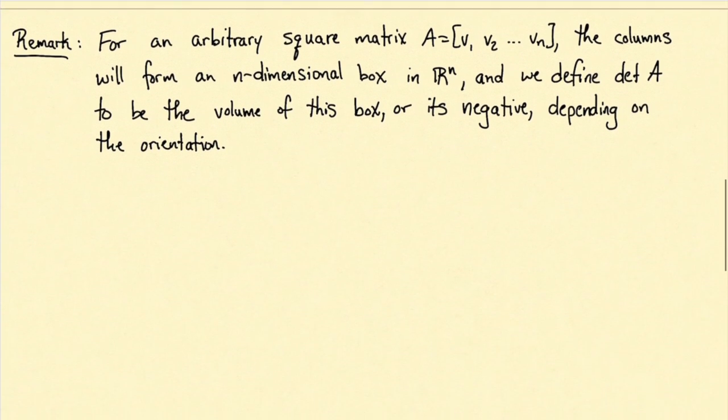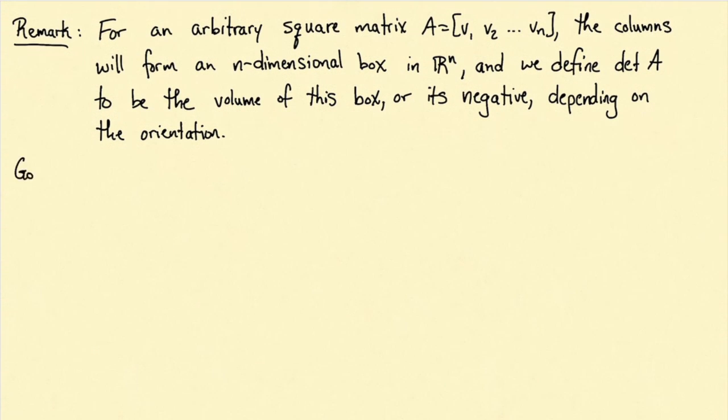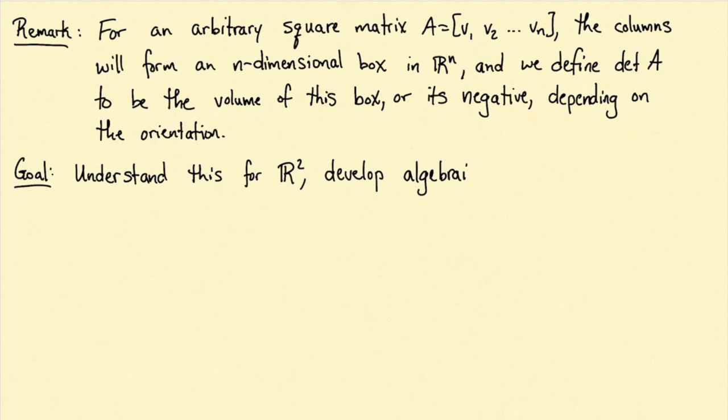Now, for this class, matters like this are well beyond the scope. So instead of actually diving into how to appropriately define these things, we will develop some algebraic techniques for computing determinants in R2, and then we'll extend those techniques to spaces where we cannot visualize the geometry.